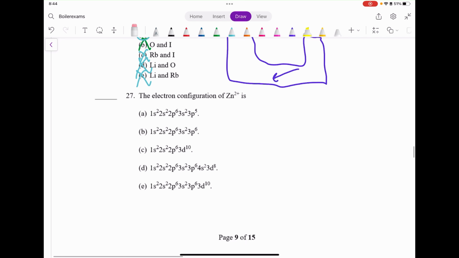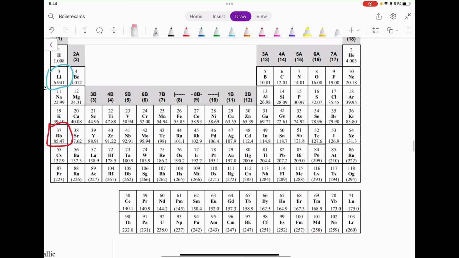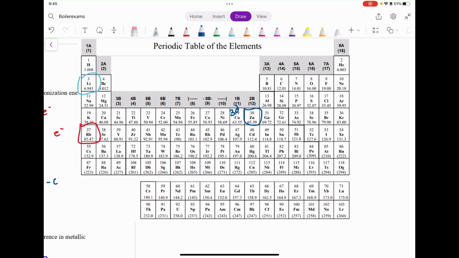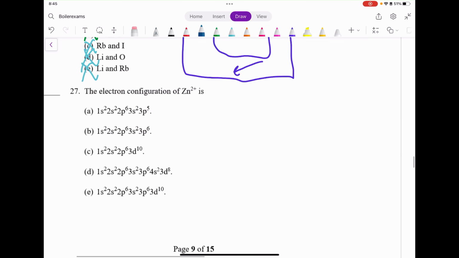Okay, 27. The electron configuration of a zinc 2+ ion is, so let's find zinc. Zinc's right here. This is in the 3D row, so the last orbital it's filling up is 3D. And let's see, it's atom number 10. So it's going to have 10 electrons in that 3D orbital.